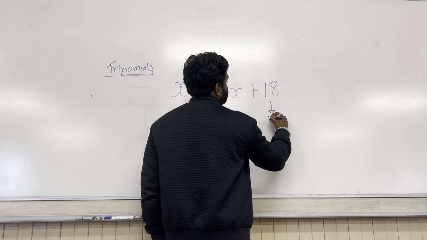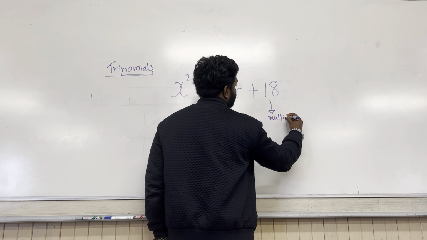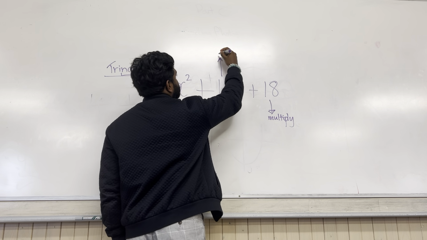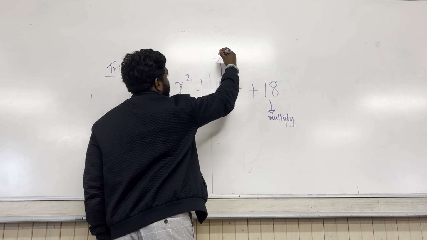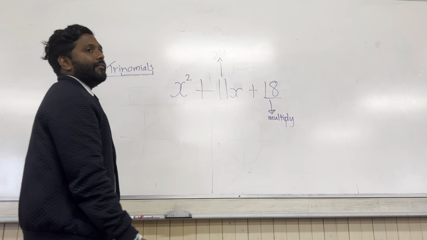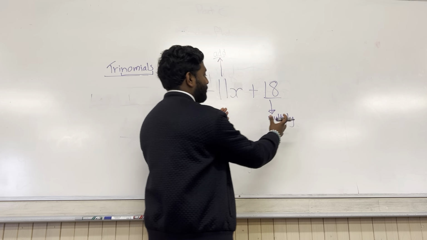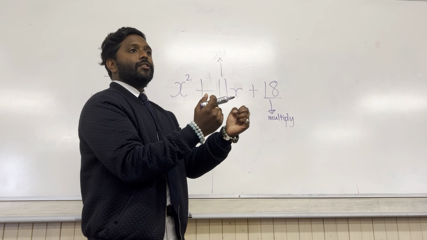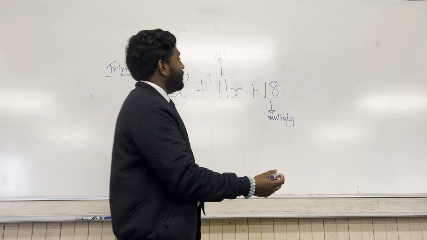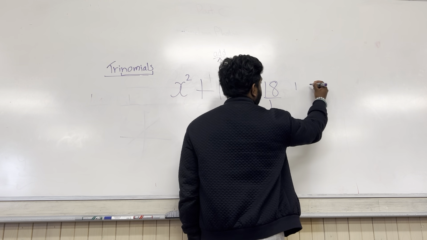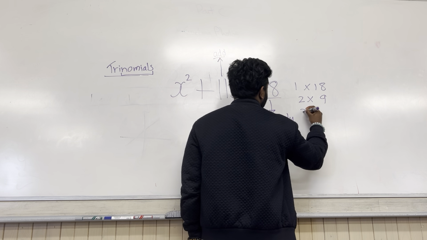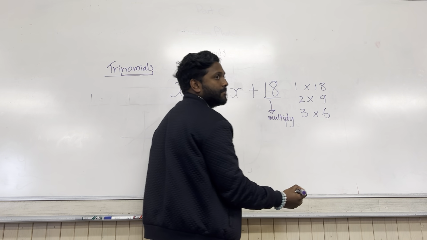There are 2 numbers that multiply to get you 18 and add to get you 11. When you multiply something, what are the 2 things called? Factors. So what we can do is start with 18: 1 and 18, 2 and 9, 3 and 6.